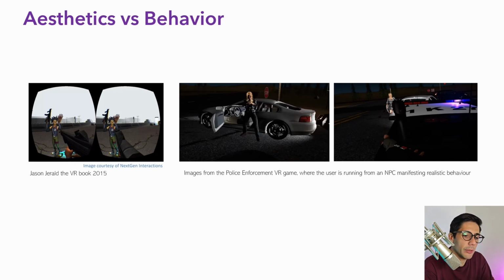And here I have some screenshots from videos of different experiments. On the left is Jason Gerald, the one who wrote the VR book, right? And on the other side we have an experience where someone is playing a VR game called Policy Enforcement, and this person is under attack by a civilian who is drunk and armed with a gun.